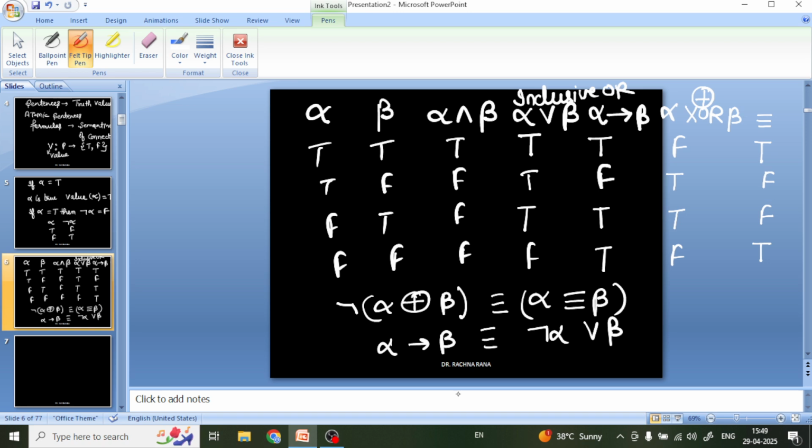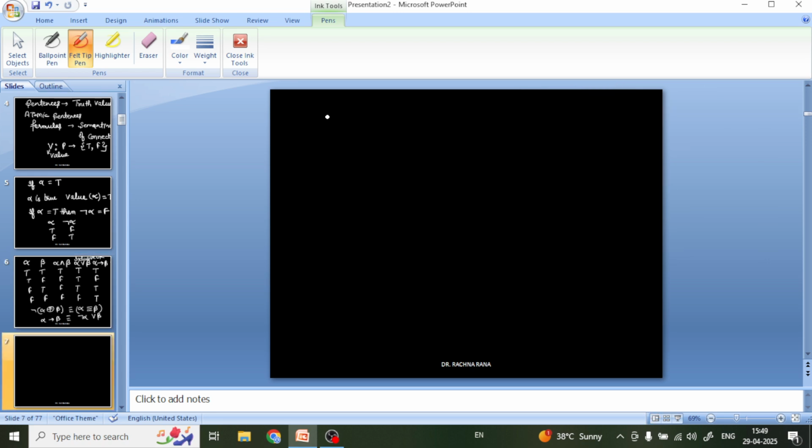This is a truth table. If you find, you can write the implies symbol like this.